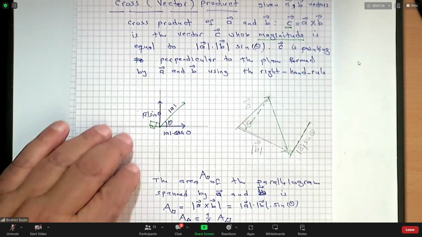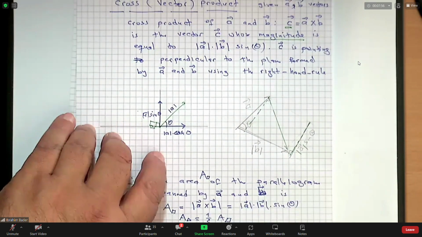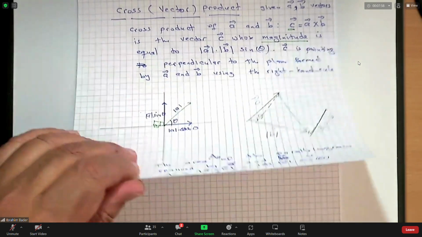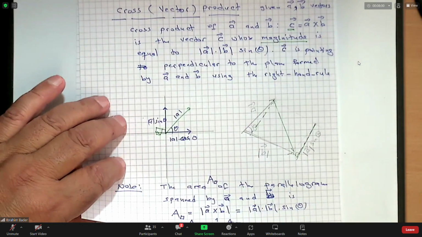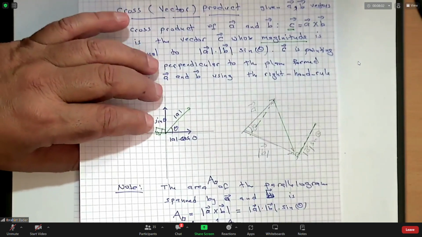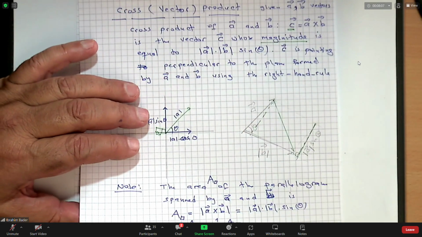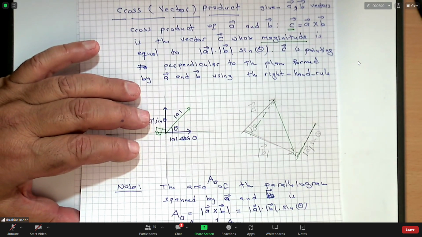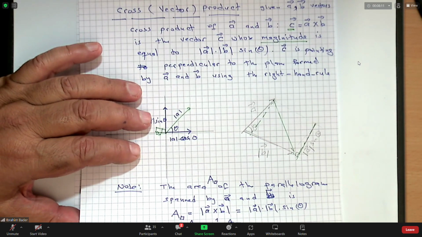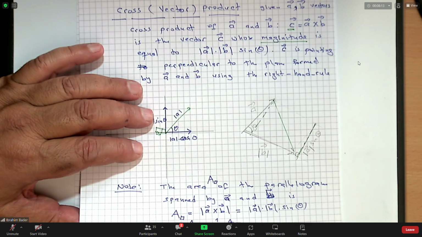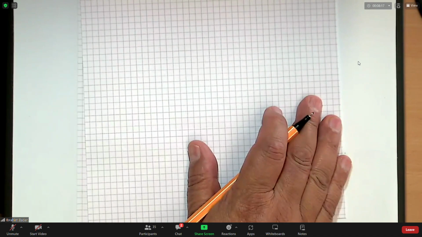Now let me introduce something. Let us agree on something now. How to evaluate the cross product? As far as I know, the cross product is usually related to 3-dimensional vectors. It could also be for 2, but I can't imagine it.